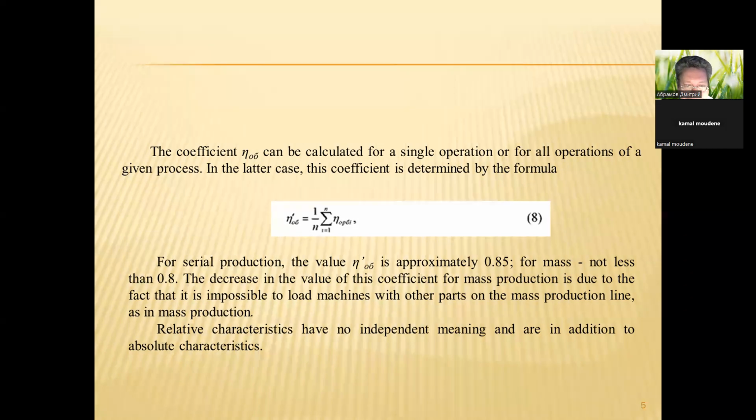The decrease in the value of this coefficient for mass production is due to the fact that it is impossible to load machines with other parts on the mass production line, as in serial production. Relative characteristics have no independent meaning and are in addition to absolute characteristics.